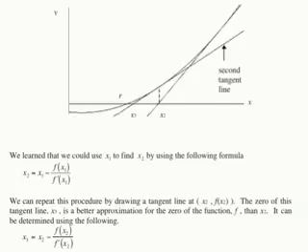Hopefully you can see that x3 is an even better approximation for the root of this function than x2. How would we have found that value for x3? If you had repeated the same procedure we used previously, you would have found that x3 = x2 - f(x2) / f'(x2).